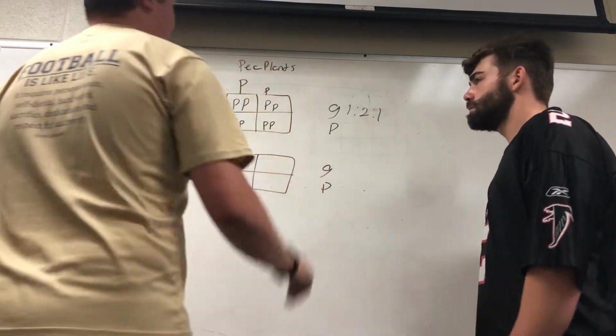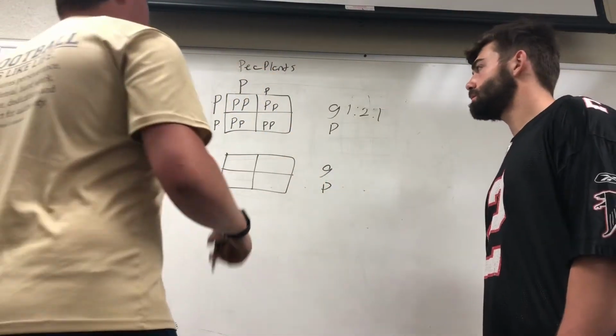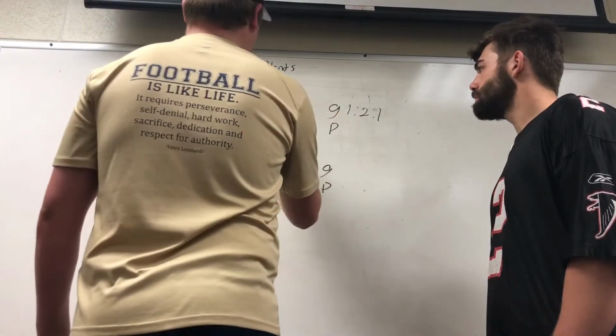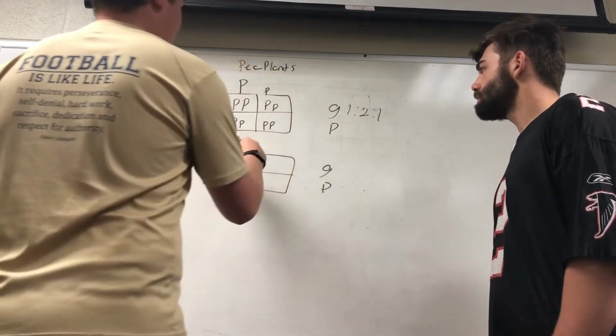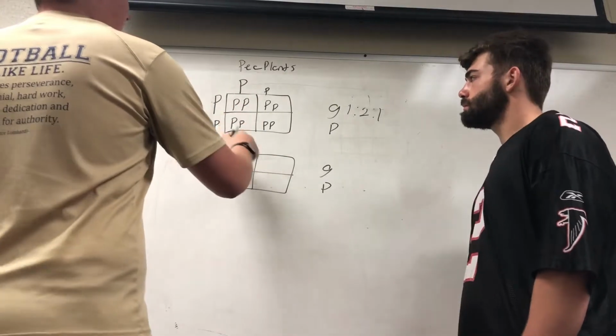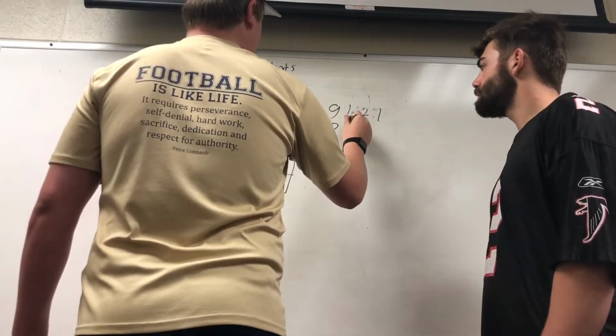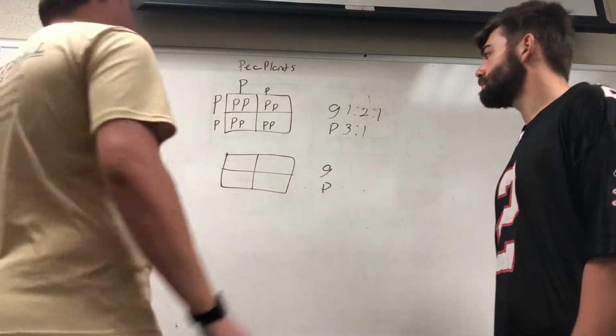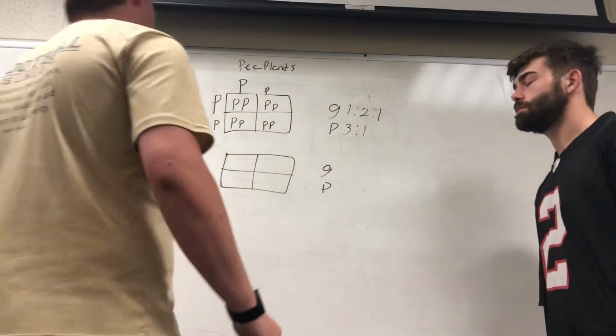Now, the phenotype is what they physically look like. So that would be a purple, so that's 1. That would also be a purple because of the dominant. So this would be a 3 to 1 because you only have one recessive showing up in the Punnett square.